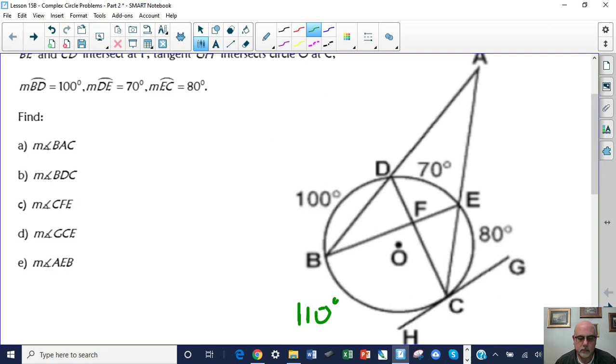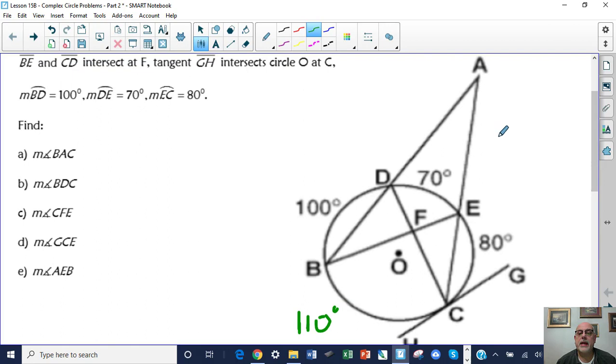Anyway, now we have all the arcs. The next thing you have to do is find the measure of angle BAC. You've got to look at angle BAC and figure out how that angle was formed. The vertex is A up here, and it's formed by two secants, BA and CA, intersecting outside the circle.